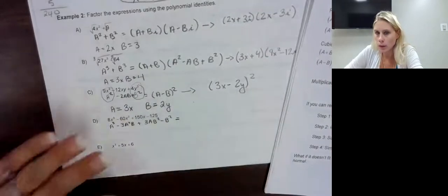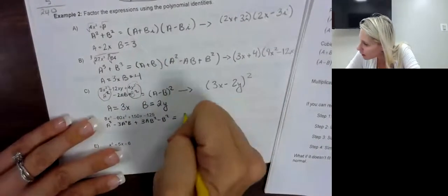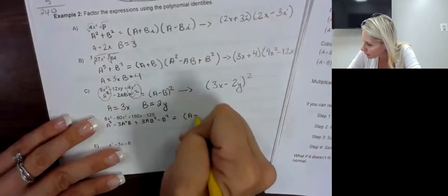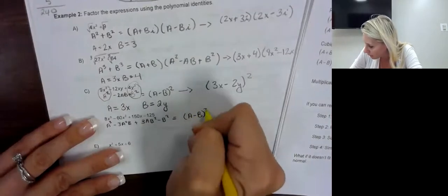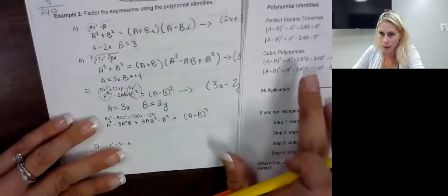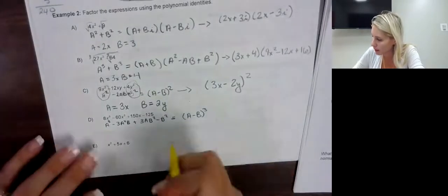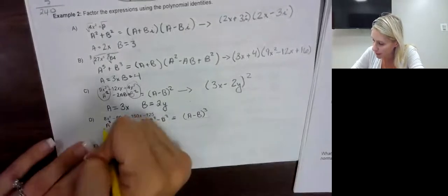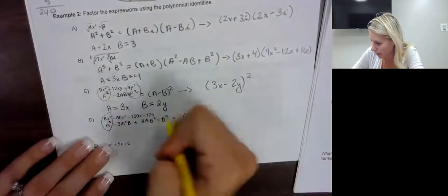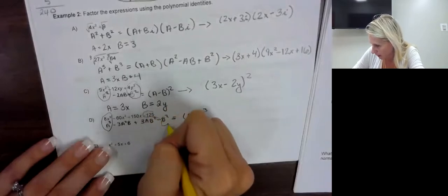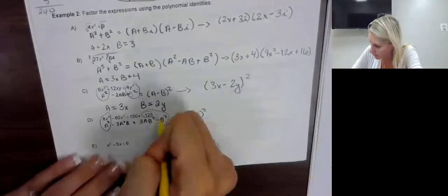And our resulting should be A minus B cubed. Right there. So all I care about is the A and the B, it looks like, for my answer. Where can I get that A? From right here, and that B, right?